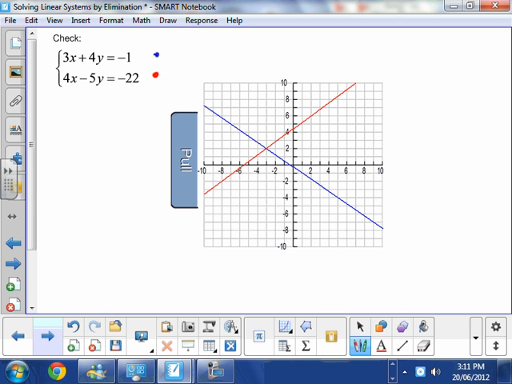Okay, so if you do not believe us, feel free to use graphing technology to check or do it by hand. What we want to show here is that the point of intersection is, what are the coordinates of the point of intersection? Negative 3 and 2, as we calculated algebraically, we confirmed graphically. Okay, thank you.